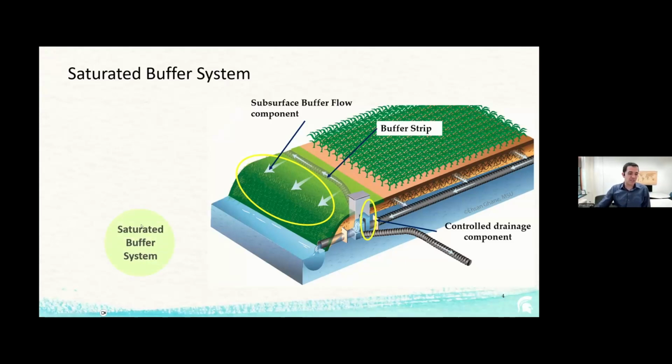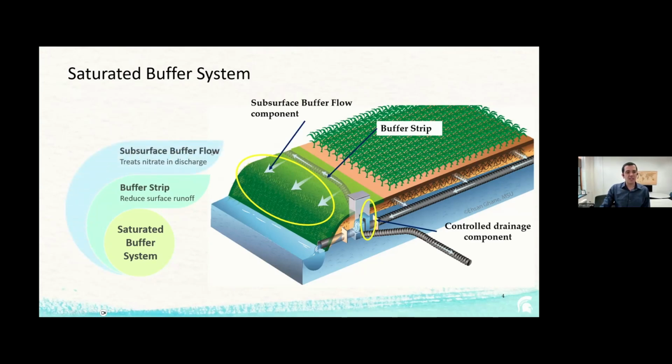To sum up this slide, I'd like to use the term system because it's got three components. This saturated buffer system is made up of a buffer strip, as I mentioned. The buffer strip takes care of the surface runoff: all of the sediments and the particulate phosphorus that may run off the field, that's its job here.